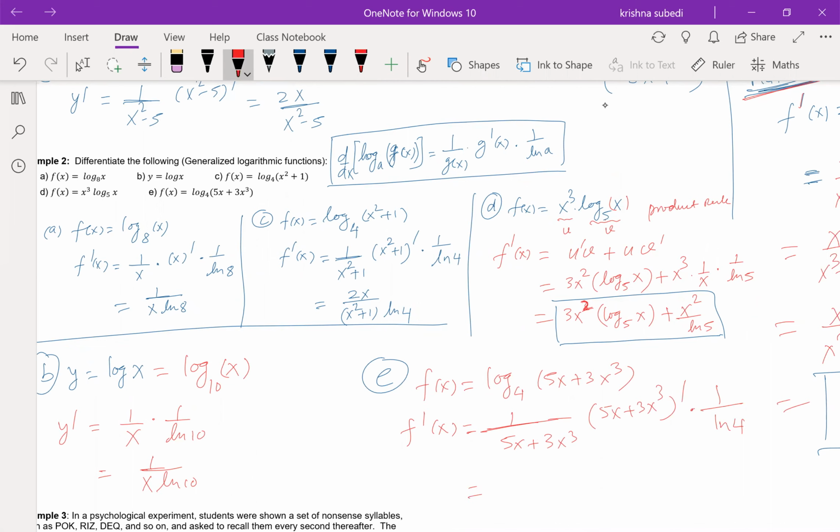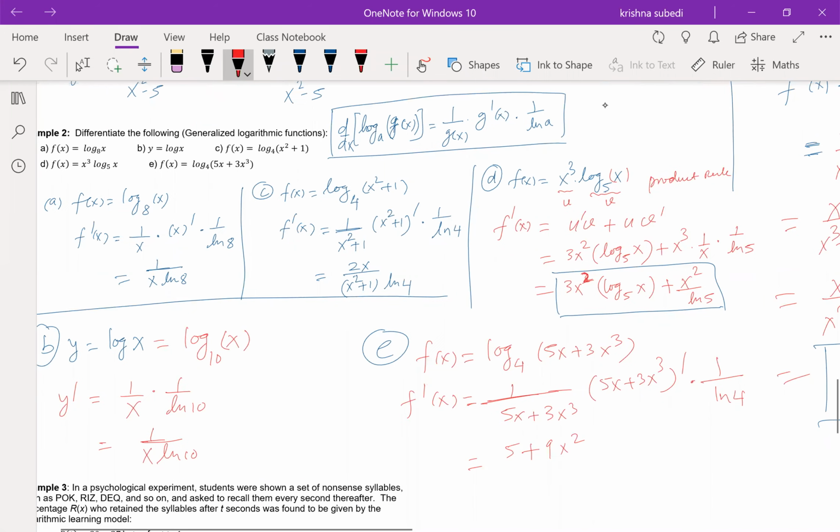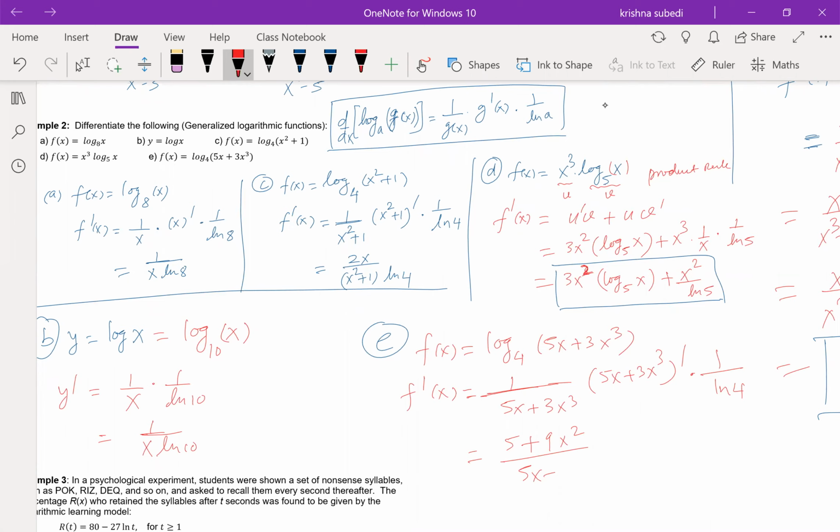So that's going to give me 5 plus 9x squared over 5x plus 3x cubed, and then this will be ln 4.